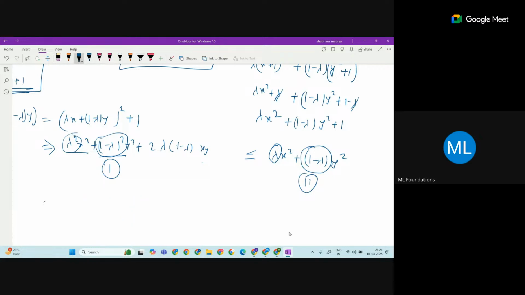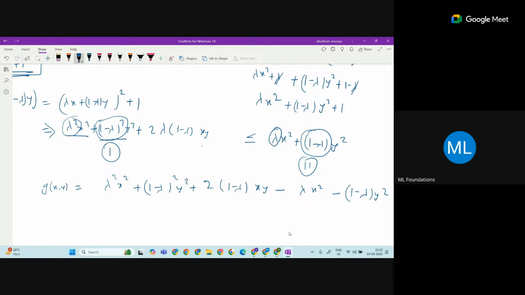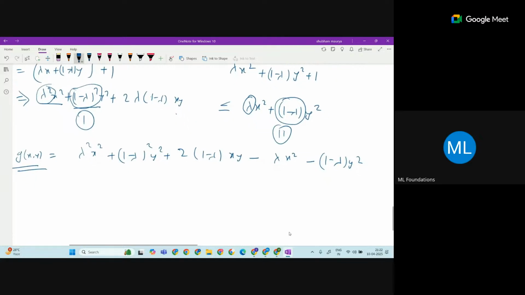Let's define a function g of x, y, which is lambda square x square plus 1 minus lambda square y square plus 2 times 1 minus lambda x y, minus y. Here I'm subtracting. Now I have to check whether this is always negative or not. This is what we are checking.